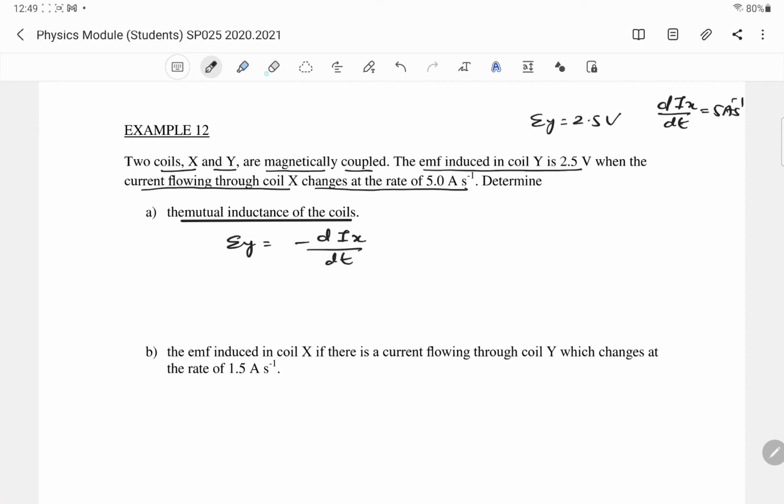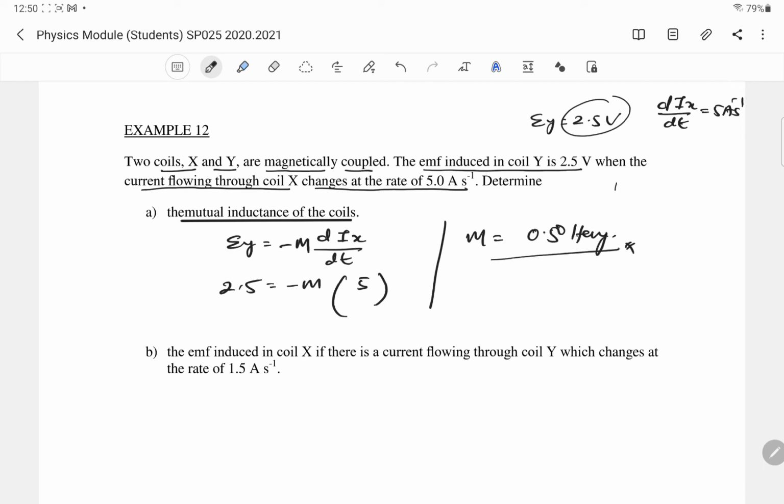Don't forget to put the M here because it is the mutual inductance. So M we want to find, dt is 5, Ey is 2.5. So the mutual inductance is 0.50 Henry, we can write 0.50 H.